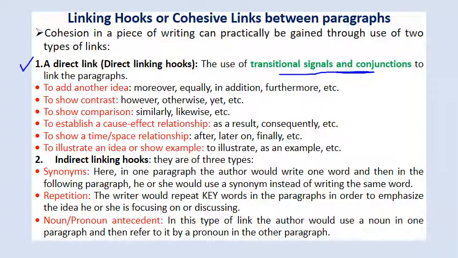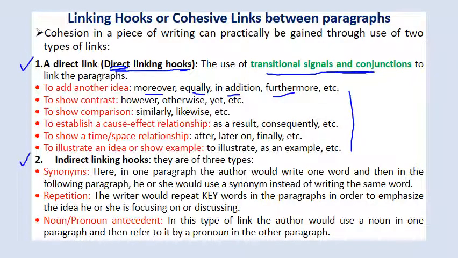Conjunctions, I mean for, and, but, because, etc. Transitional signals are those: moreover, equally, in addition, furthermore, until the end. If the author uses those to link ideas within a paragraph or between paragraphs, the author is linking his ideas directly. He's using direct linking hooks.